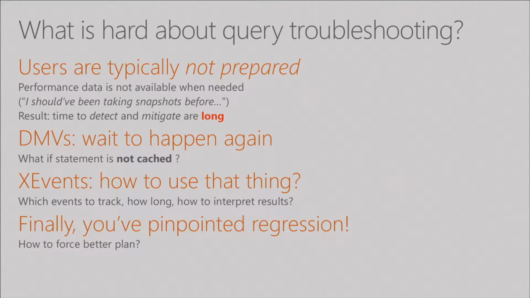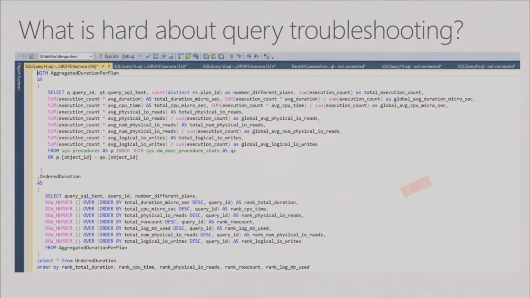Of course, you can use plan guides or you can use plan hints, but again, these techniques are really complex and require you to know a lot and to be very into the details, right?